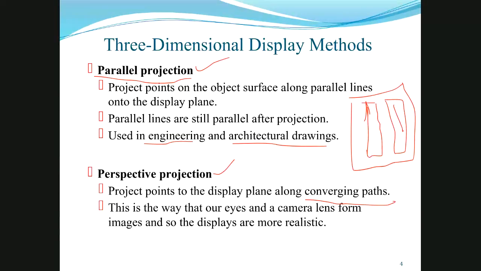Parallel projections can show just the dimensions of your objects, but perspective projection can show objects as very realistic. We can feel that this is a very realistic object, and by using this we can display that type of three-dimensional object.